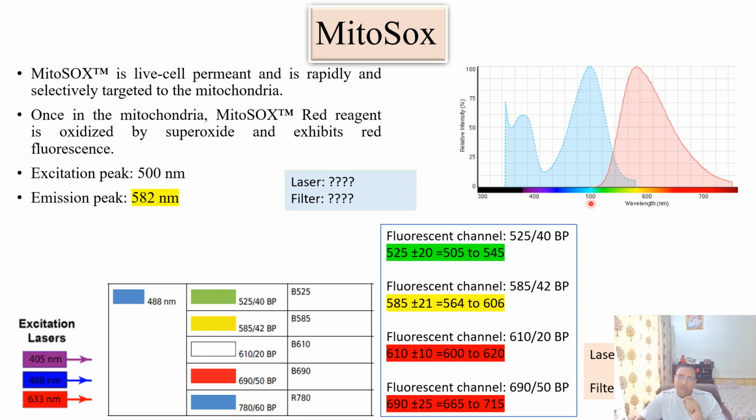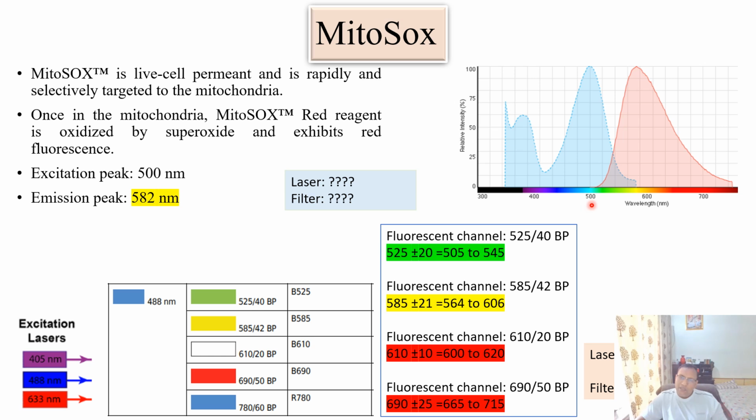This is called the excitation peak. When we use the 500 nanometer wavelength, the excitation will be maximum. So the excitation peak of MitoSOX is about 500 nanometers, meaning the maximum number of electrons will be excited with this wavelength.